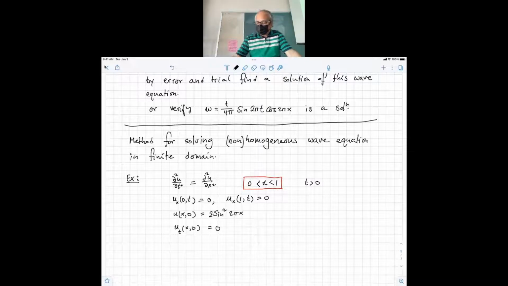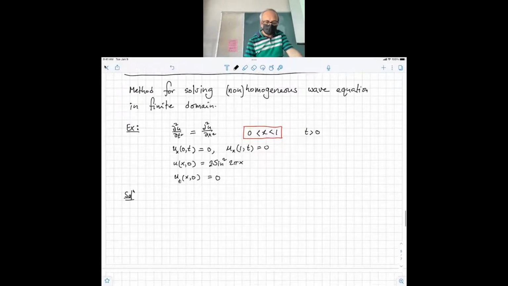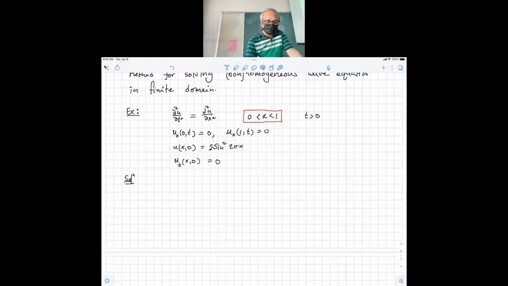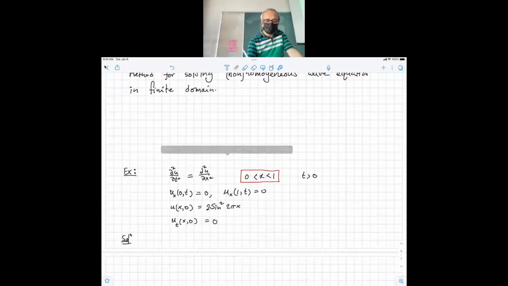So let's do this with separation of variables. Maybe before we discuss this, we can also remind ourselves of dealing with non-homogeneous terms.